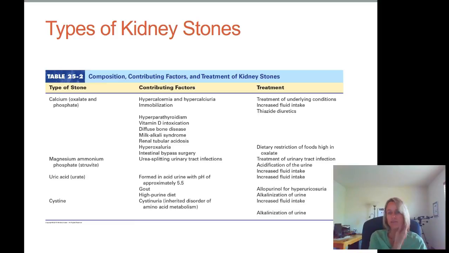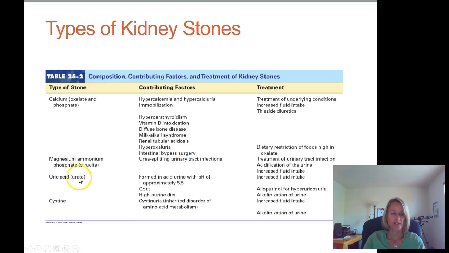Okay, there are different types of kidney stones and different contributing factors. For instance, calcium stones can be due to high calcium in the blood and high calcium in the urine. Could occur in, like, hyperparathyroidism, too much vitamin D, bone disease. Magnesium ammonium phosphate or struvite stones are caused usually by urea-splitting urinary tract infections.